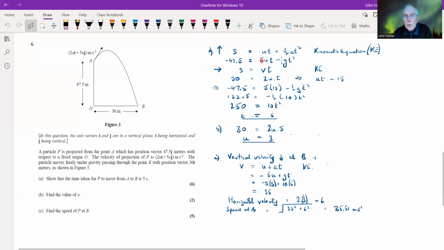So we get our 5u from here, times t, minus a half g t squared. I put minus because g is a positive constant, but of course it's acting in the different direction to our frame of reference. So that's how we get the negative. So that is our equation that we're interested in the vertical.